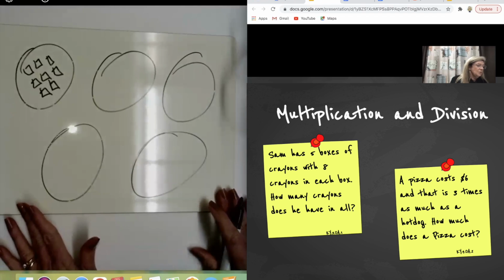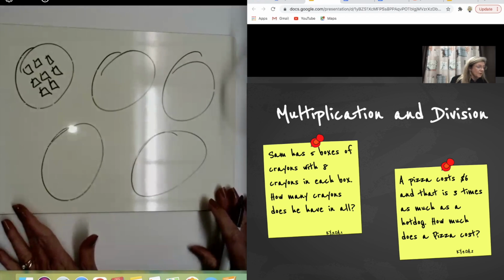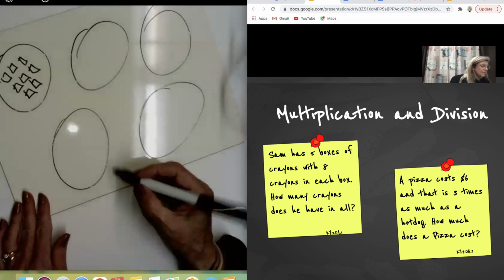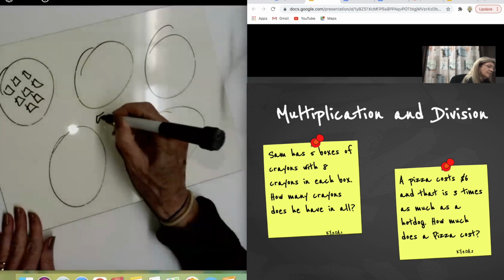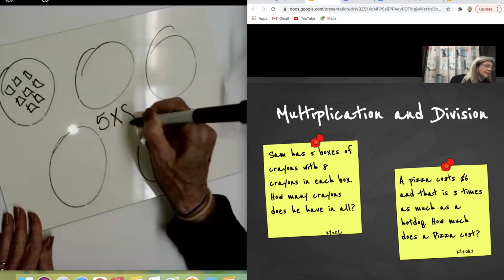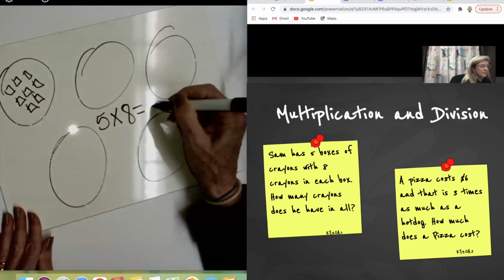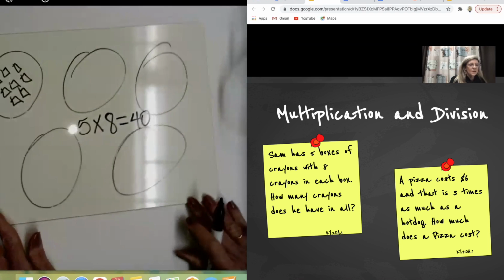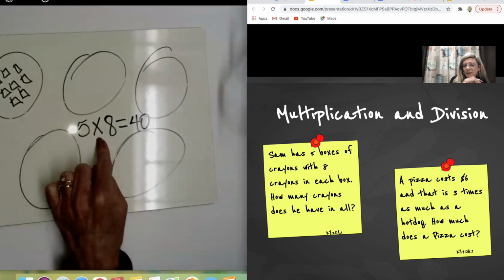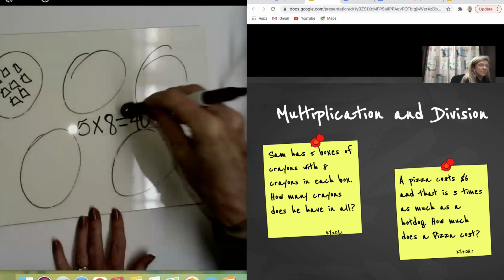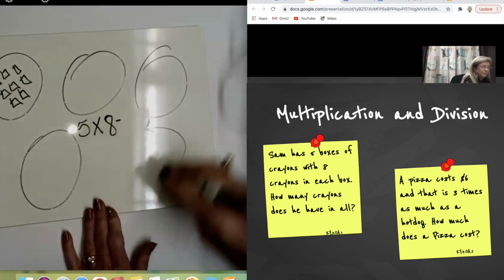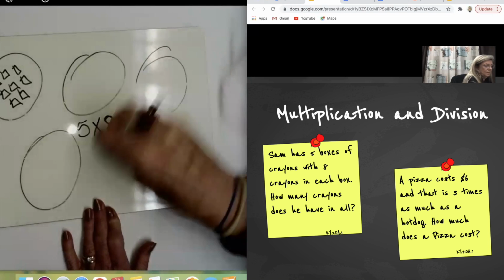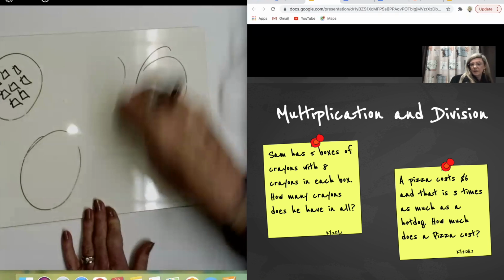And then you could move to the abstract where you would actually write the equation, which would be 5 groups of 8 is 40. And I always taught my kids that that's what the multiplication symbol means. It means groups of. And then, of course, the equal sign is. All right. Any questions on that one?